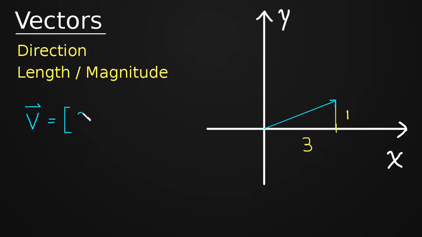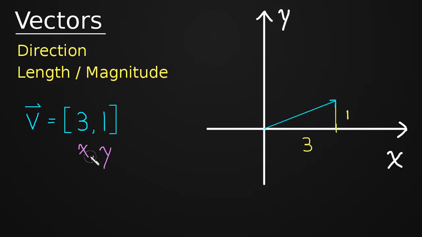It's equal to its x component, which is 3, how much it moves over in x, and its y component, which is 1, how much it moves up in y. So again, this is the x component and the y component.